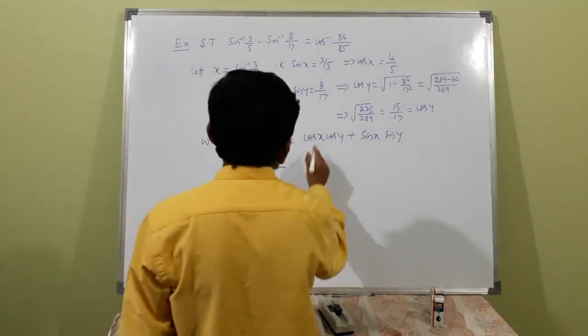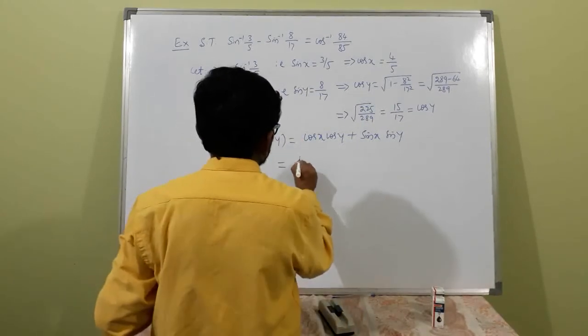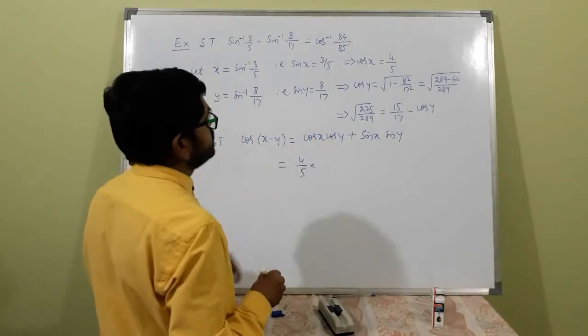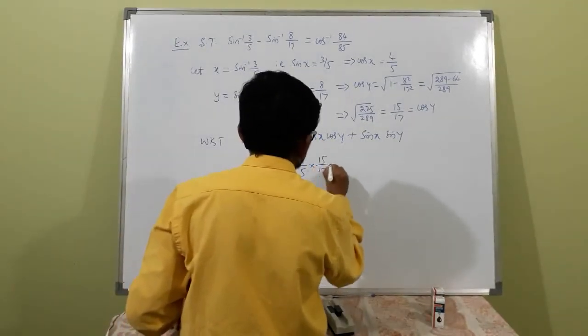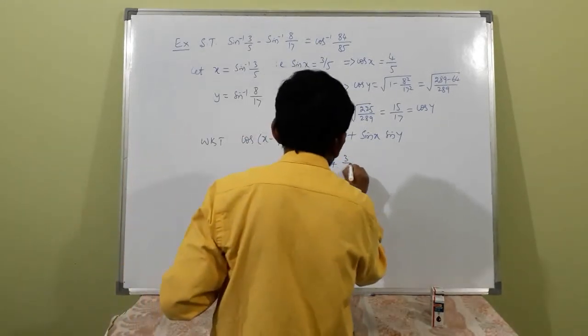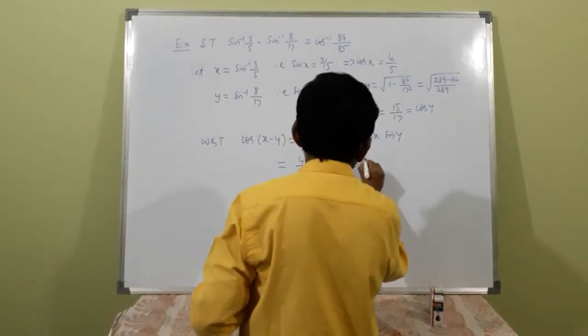Cos x is 4 by 5, cos y is 15 by 17, plus sin x is 3 by 5, sin y is 8 by 17.